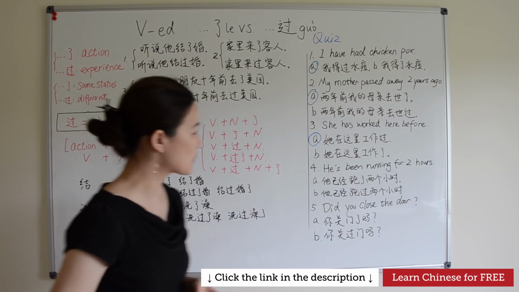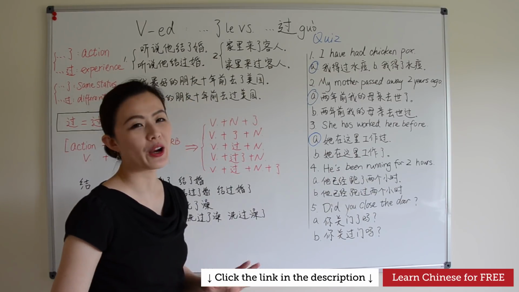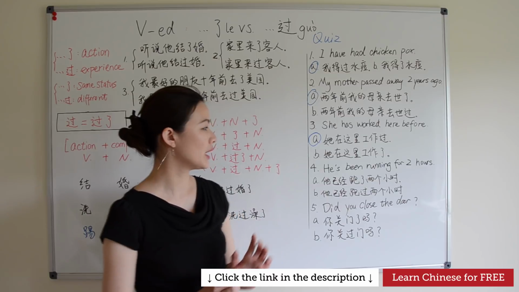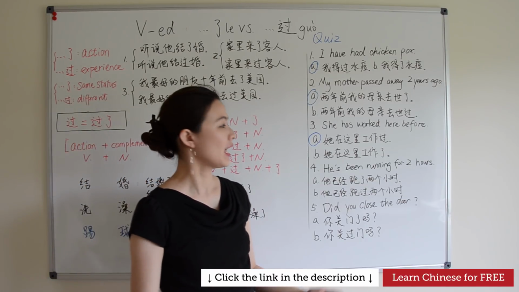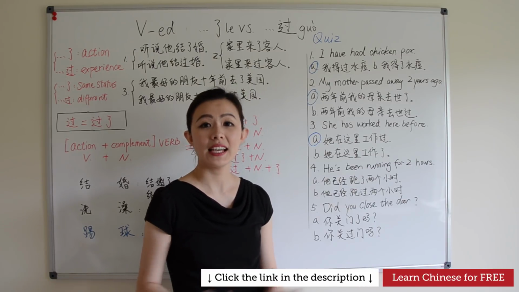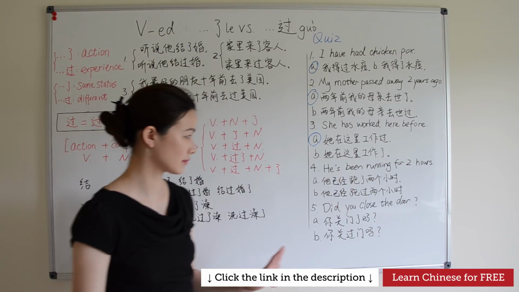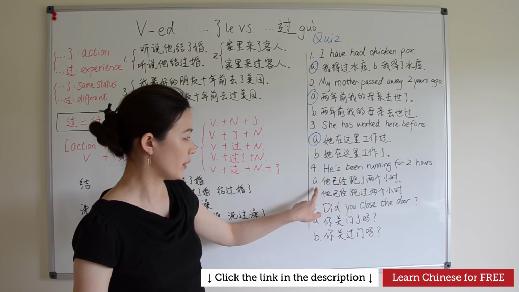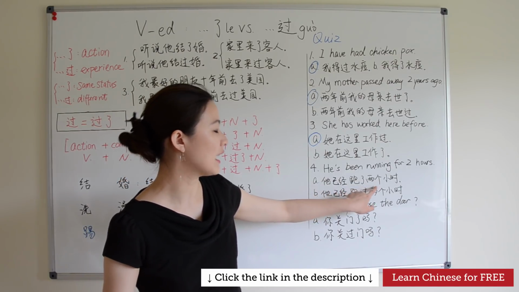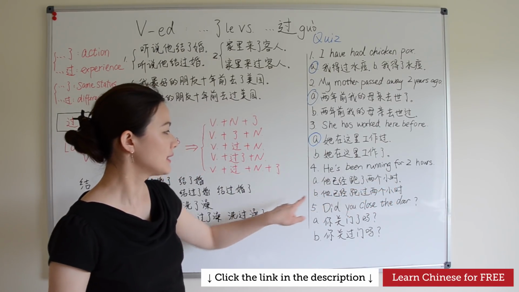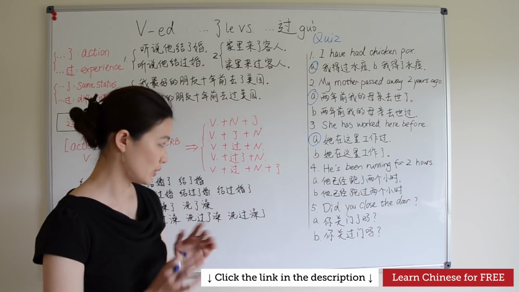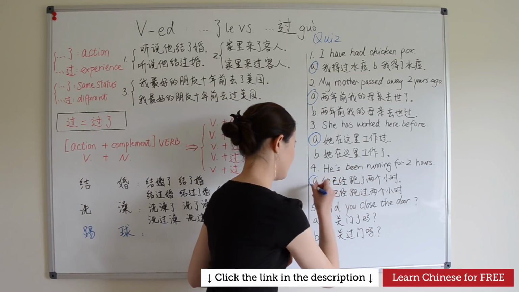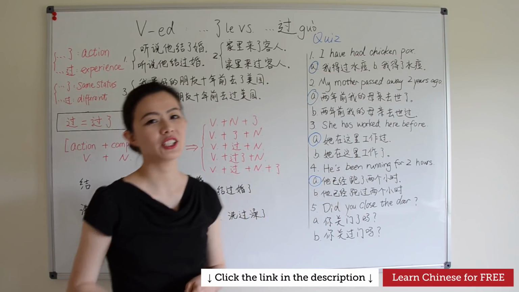Okay, the next one. He's been running for 2 hours. So he's been running and he's still running. The status is the same. We have 他已经跑了2个小时 or 他已经跑过2个小时. A matches.